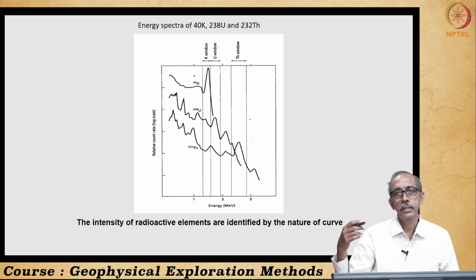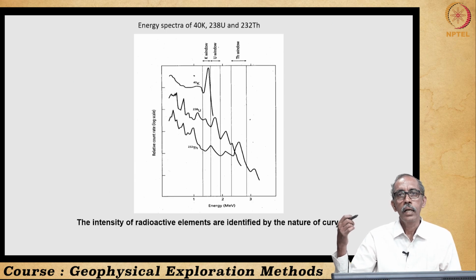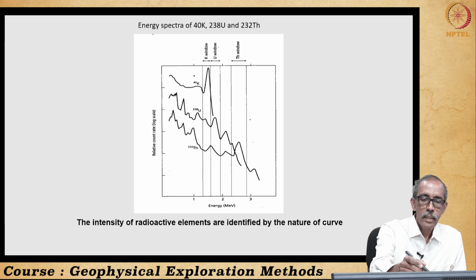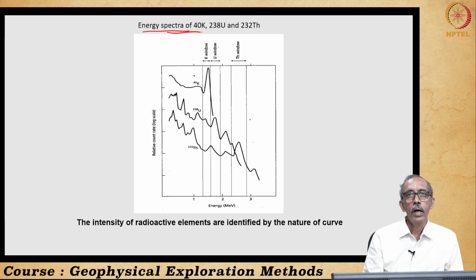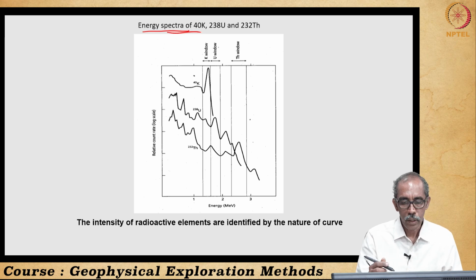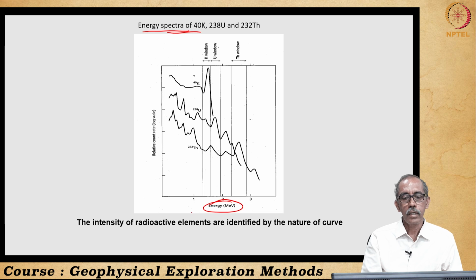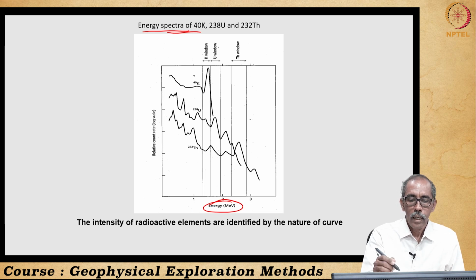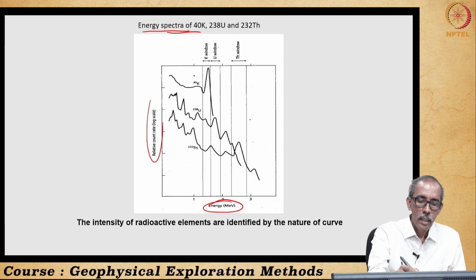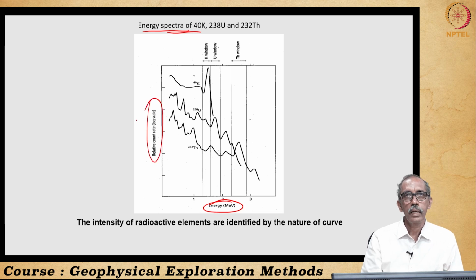Let us see some results. Here are the results from a gamma ray spectrometer, right. Here you can see the energy spectra for potassium, uranium and thorium. Here is the energy level, in electron volt or milli electron volt, and here is the count rate, right.